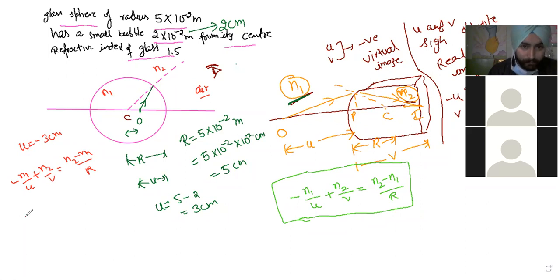This is minus, तो ये वैल्यू कितनी बनी बेटा? N1 की, N1 is 1.5, so it is 1.5, U is minus 3 plus this is 1, that is V, so it is 1 minus 1.5 over 5.